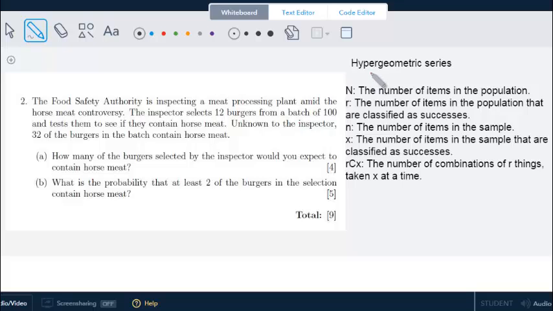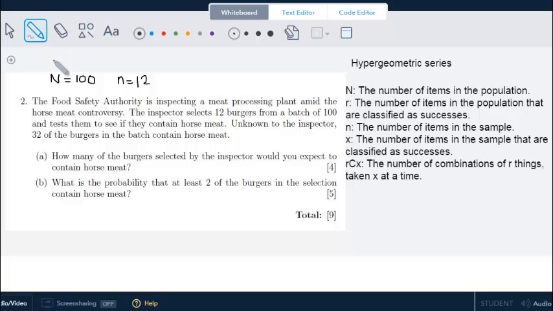So let's compare that with the parameters of the hypergeometric series. So N is the number of items in the population, that is the whole batch, so we take N equal to 100. That is the total batch size. The small n is the sample size which we are selecting, which is 12.